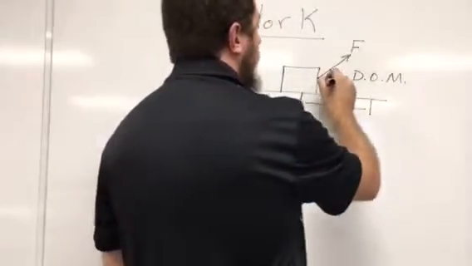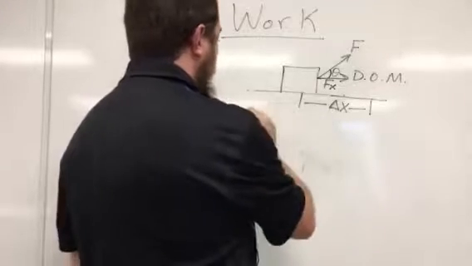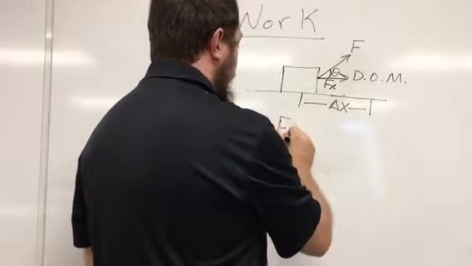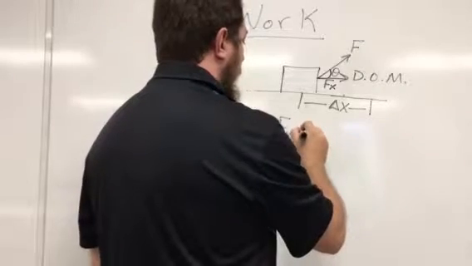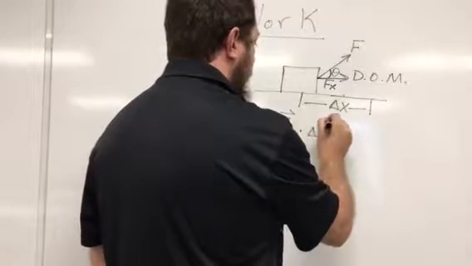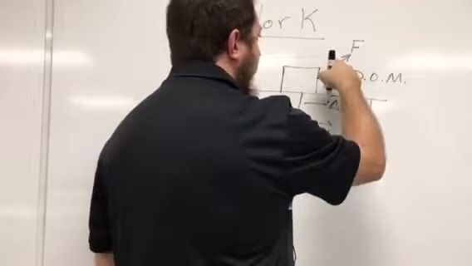And so this is known as F sub x. So in this case, your work is equal to the force in the x direction times delta x. And again, these are vectors. But what is Fx in relation to F?